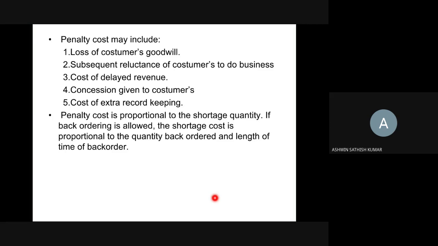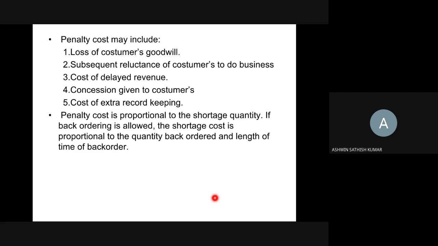So all the penalty cost is proportional to the shortage quantity. It means the shortage cost depends on how much shortage you have, how much backdemand you have.